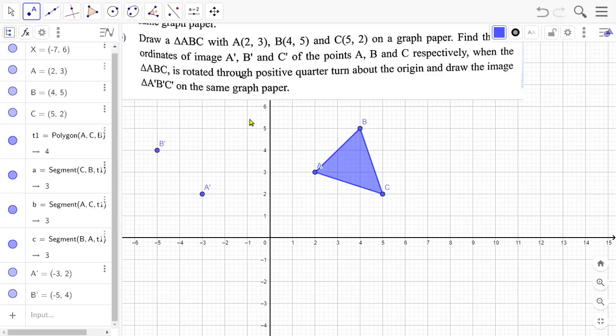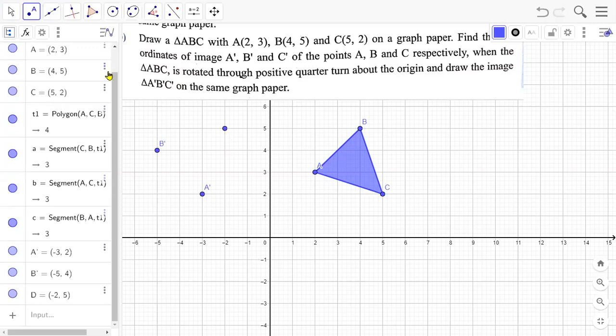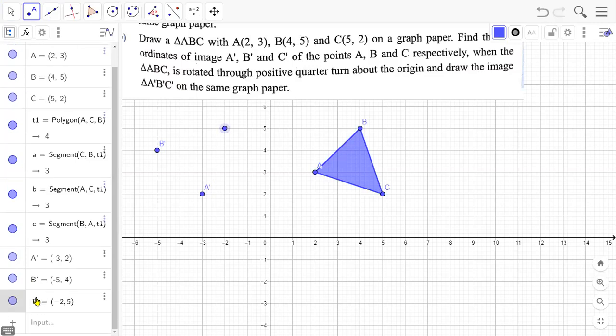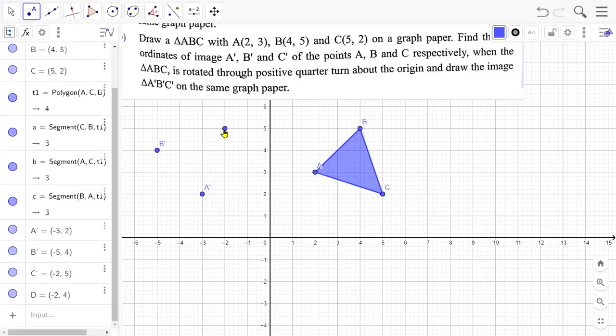Very good. Let's find out the point (-2, 5). Natasha is understanding very well today. What will be the name of this point, Natasha? It is C dash, the image point of C.